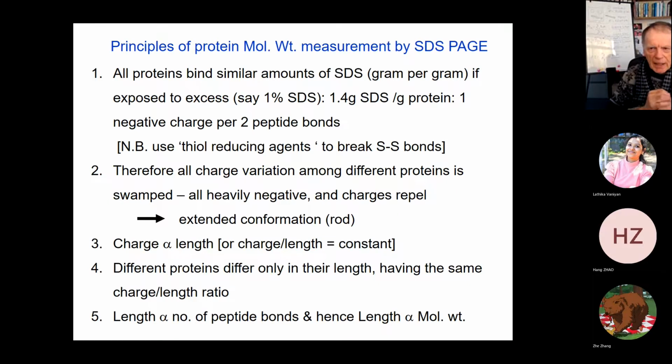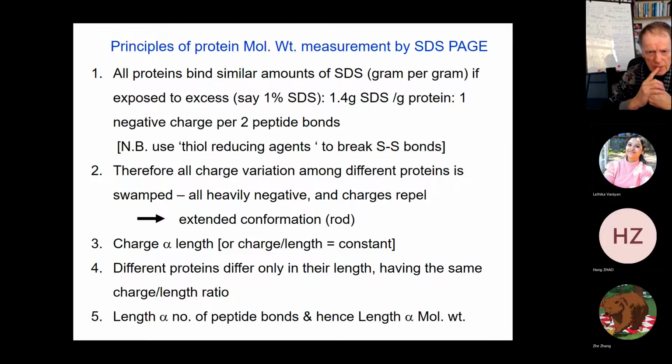And SDS-PAGE, sodium dodecyl sulfate polyacrylamide gel electrophoresis, gets around this problem in a very clever way. The first thing we do is we mix the protein with sodium dodecyl sulfate.